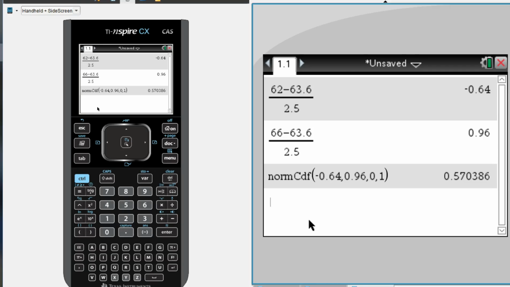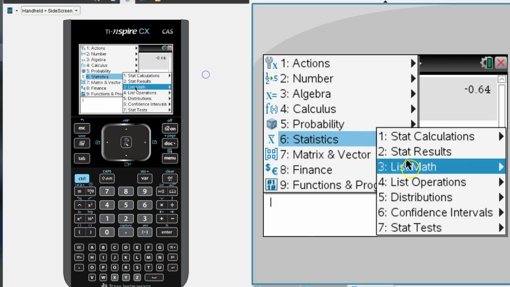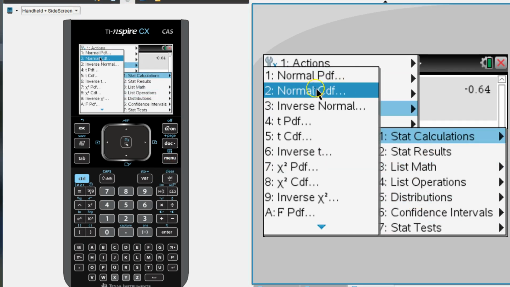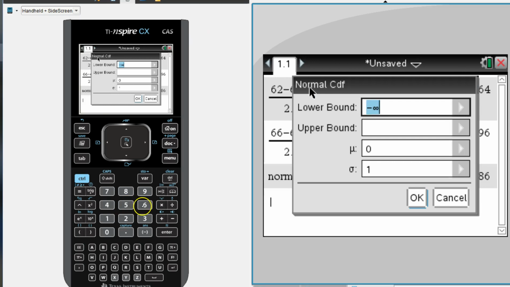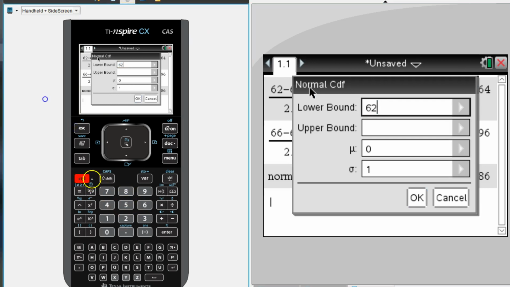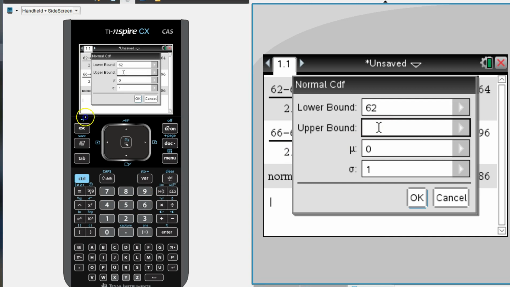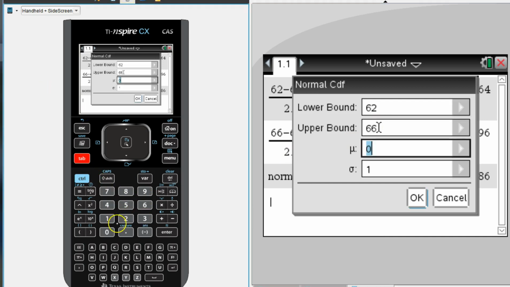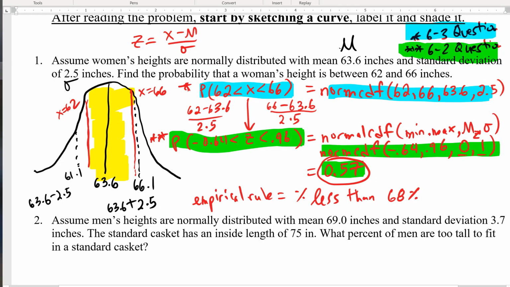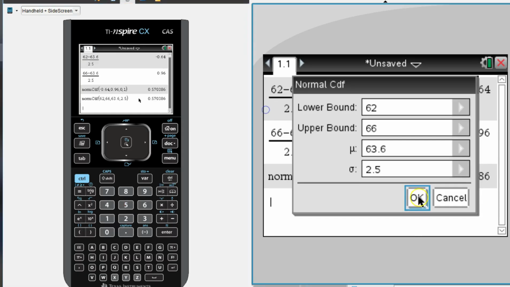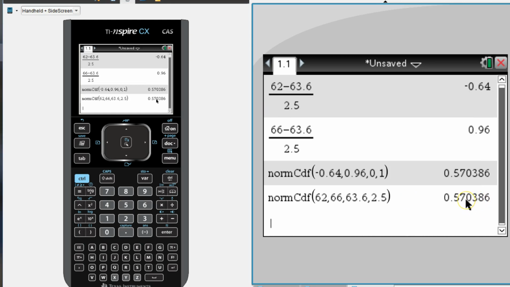So I can run statistics, distributions, norm CDF, and go between 62 and 66 inches tall with a mean of 63.6 and a standard deviation of 2.5. Okay. Should give me the same percentage.